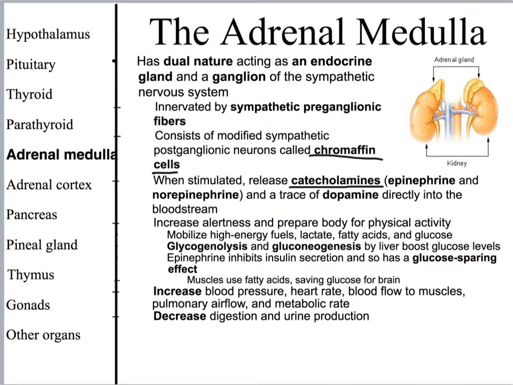Adrenaline has lots of targets within the body and within the brain. It is basically going to activate all of your fight or flight response that isn't directly innervated by the sympathetic nervous system.